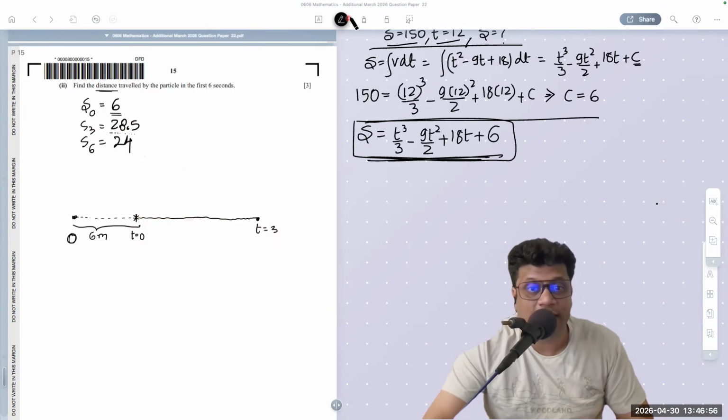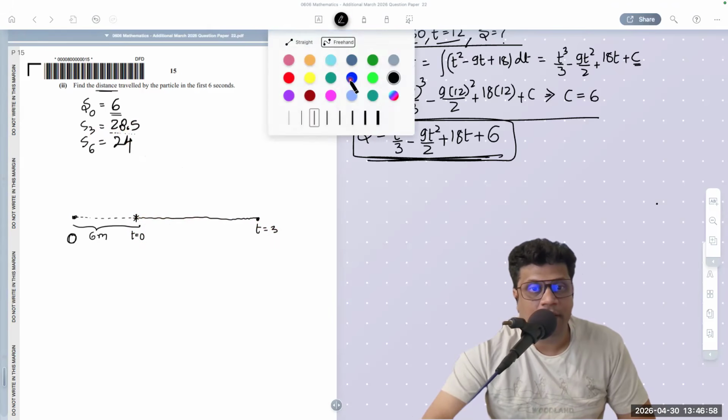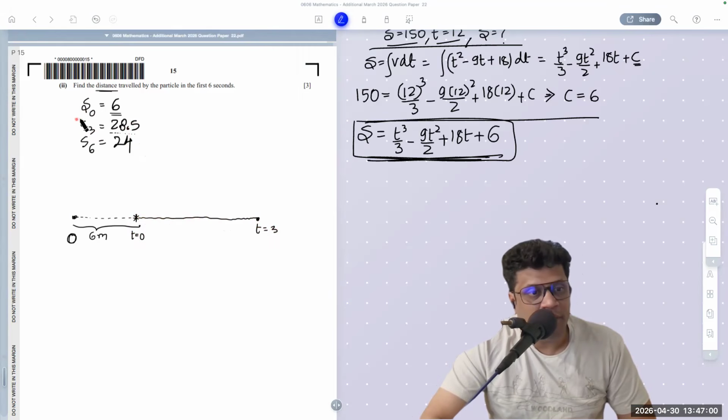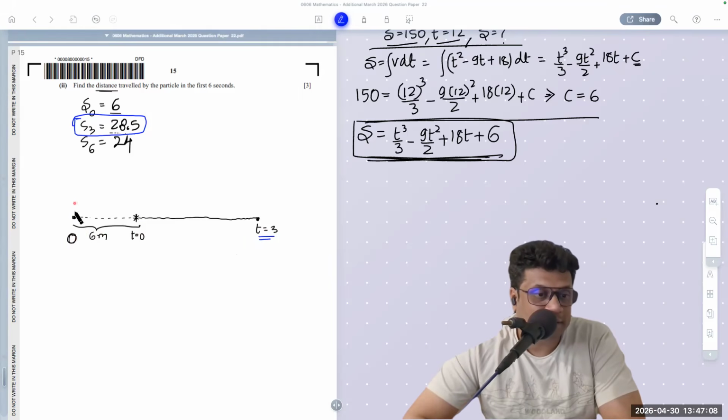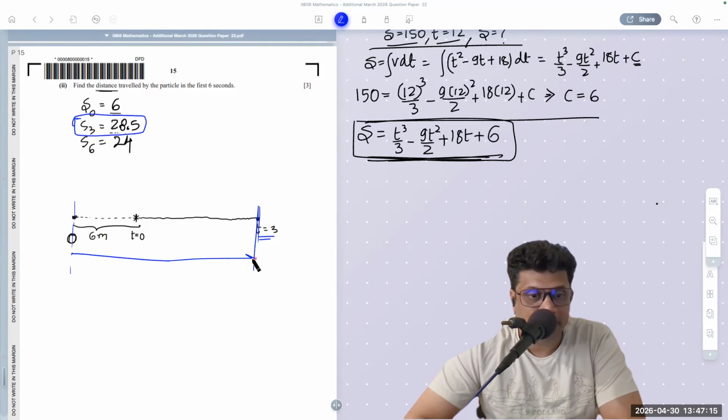And look at this critical step here. When you know that the displacement is 28.5 when time is 3, know that it's the distance measured from this place. That is 28.5 meters.